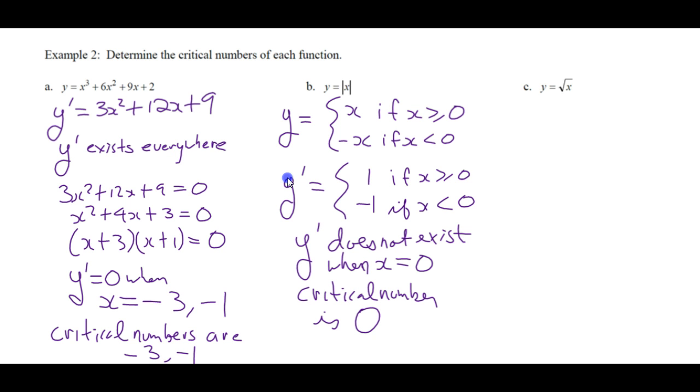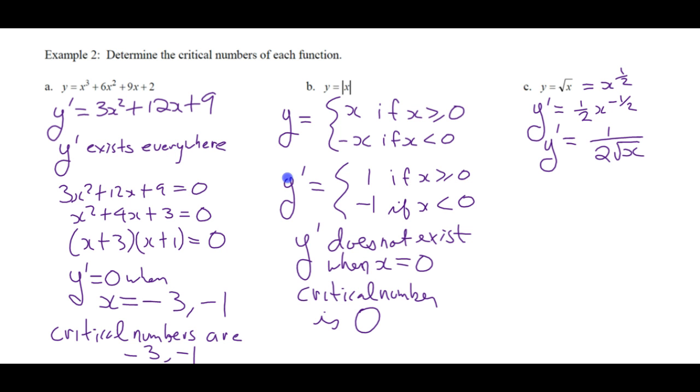Remember, critical numbers are where the derivative is 0 or it does not exist. In this case, the derivative is never 0, but it does not exist when x equals 0. Now root x, which is x to the 1/2, and we can do the derivative of that: 1/2 x to the -1/2, which is 1 over 2 root x.